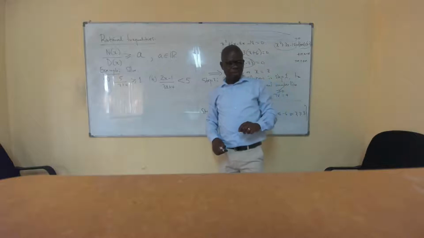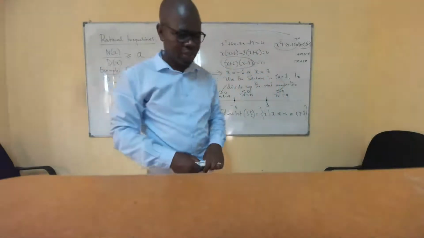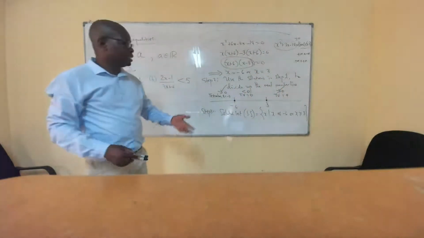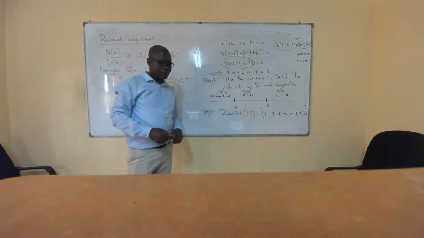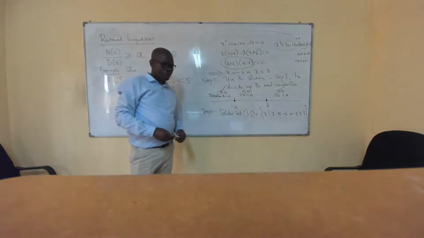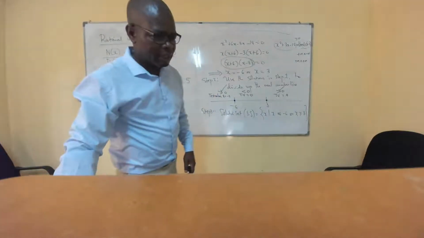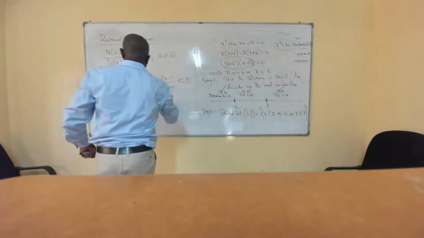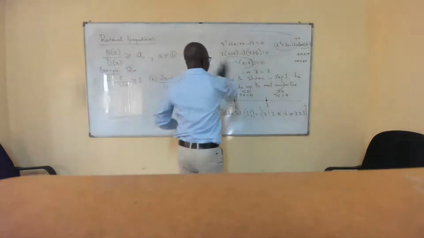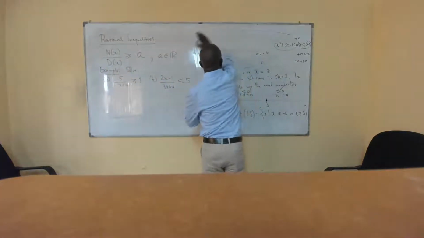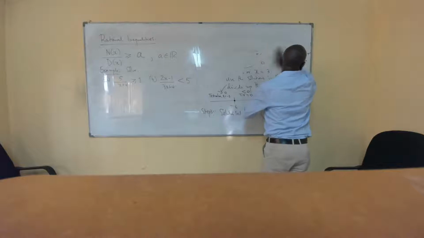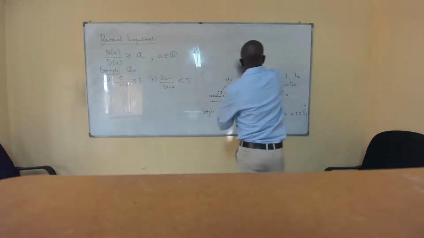These values determine the intervals on the number line to consider. Step 3: we can use those values to divide up the number line. So let's quickly see what we are talking about here.